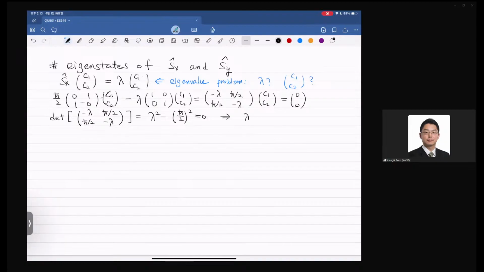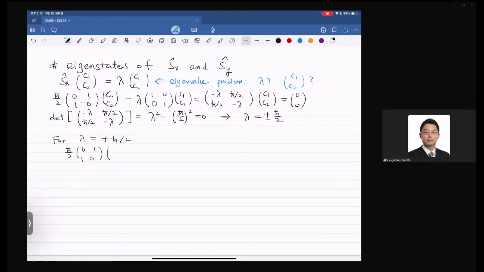So the lambda values we have already found, plus minus h bar over 2. Okay. The spin magnitude itself is still not changing, right? Plus minus h bar over 2. So now our goal is to find the eigenvector. It's a very typical process of finding eigenvalue and eigenvector, right?